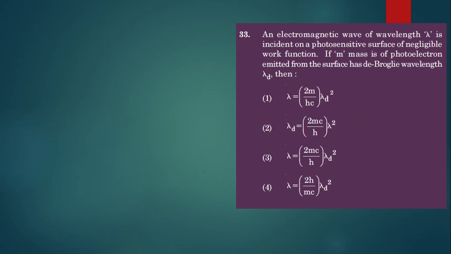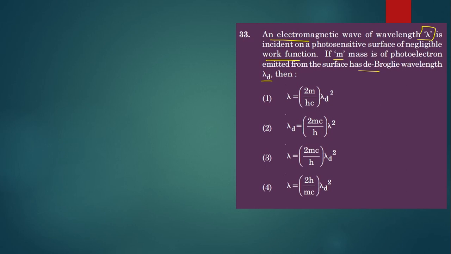Next, here in this question, an electromagnetic wave of wavelength lambda is incident on a photosensitive surface of negligible work function. If m is the mass of the photoelectron emitted from the surface and it has de Broglie wavelength lambda d, then which of the following relations is true?